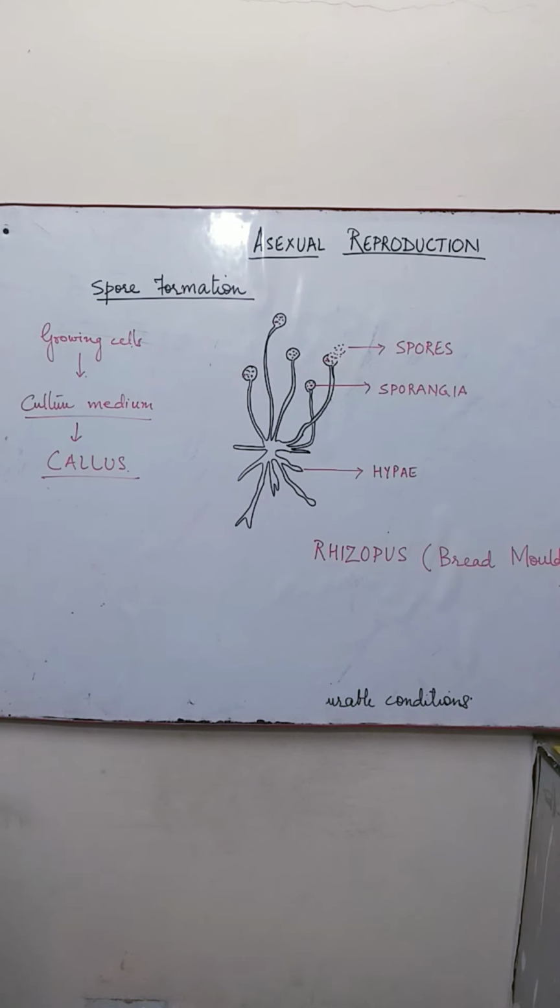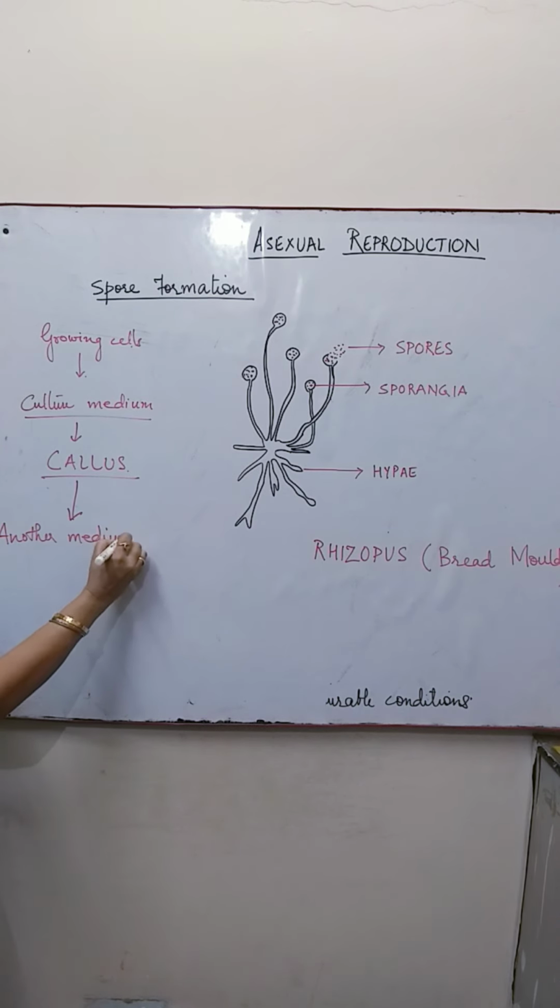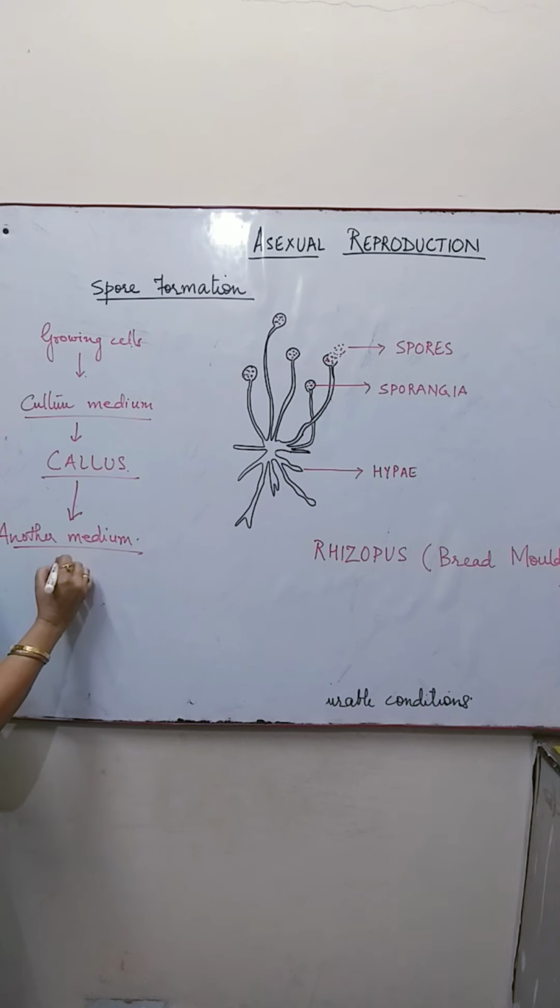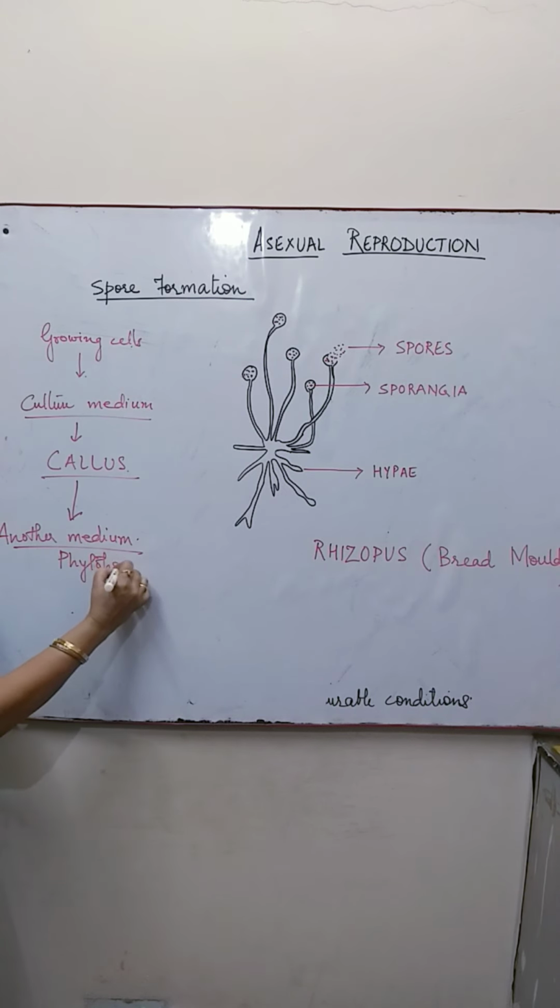Callus is nothing but a group of cells which are artificially developed, and then the callus is transferred to another medium containing hormones. This medium has different types of phytohormones, or plant hormones.